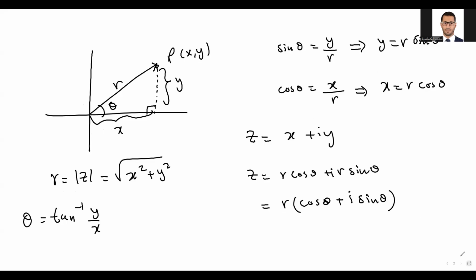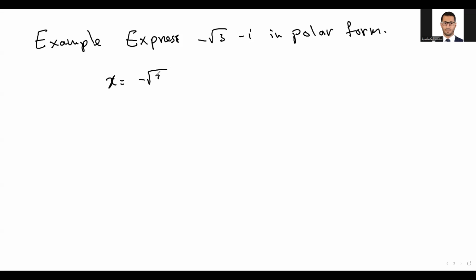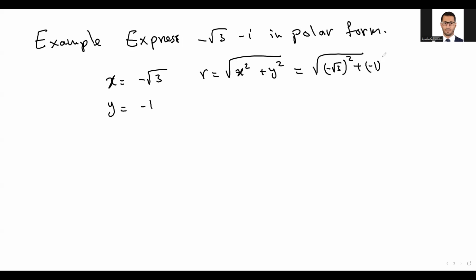Let's see how we do it. Example: express this complex number in polar form. As we see here, x equals negative square root of 3 and y equals negative 1. As a result, r equals the square root of x squared plus y squared, which is the square root of the square root of 3 squared plus negative 1 squared, which equals 3 plus 1, the square root of 4, which equals 2.